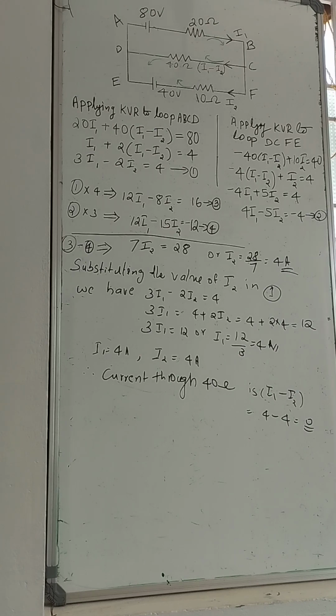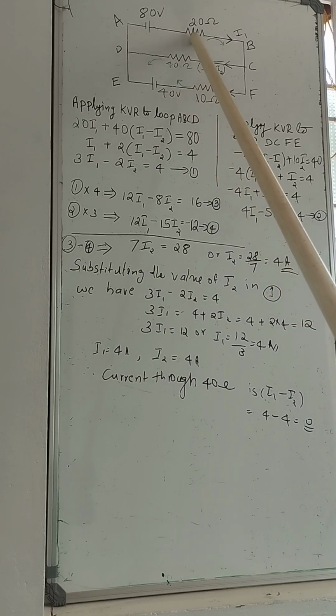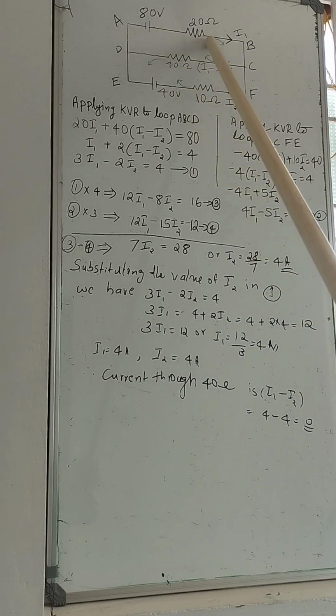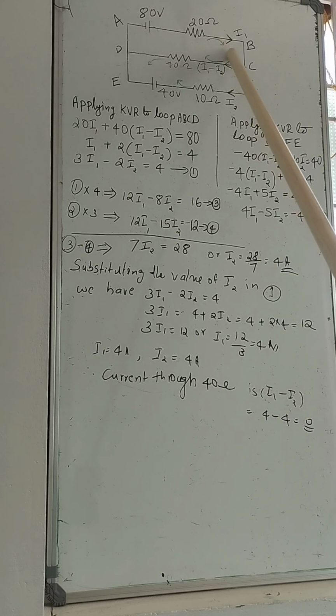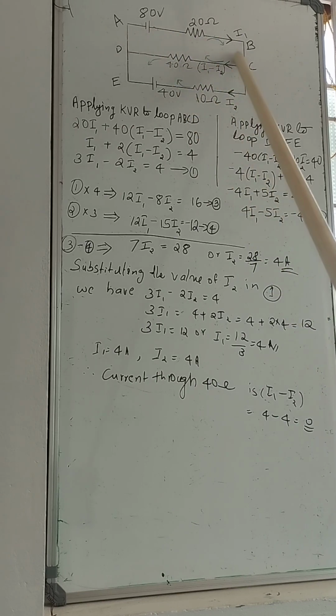Here the direction of current is very clear, and if there are many cells, we consider the cell having the greater EMF, which is clearly this one. So we prefer the direction of current coming from the higher EMF cell.